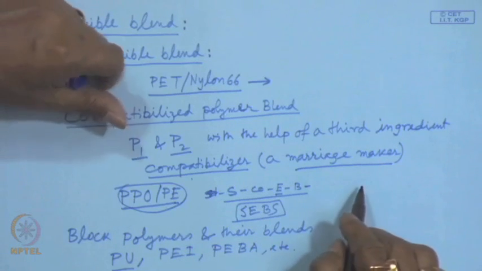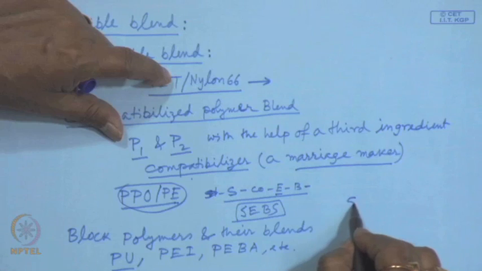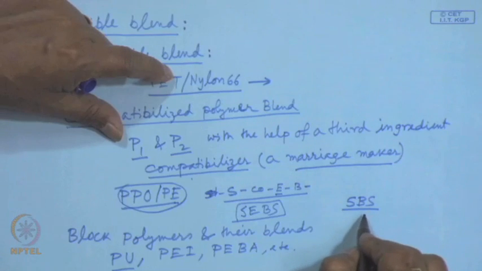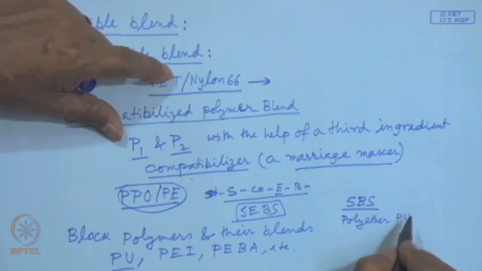Say styrene-butadiene block copolymer, SBS. Similarly, polyether polyurethane, polyester polyurethane.